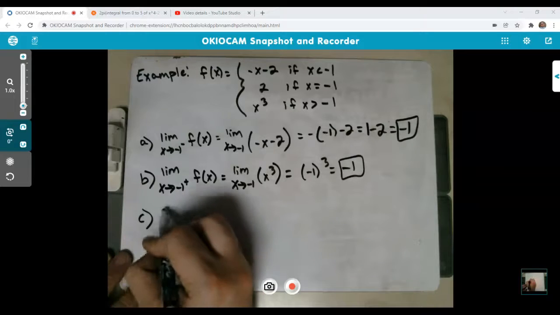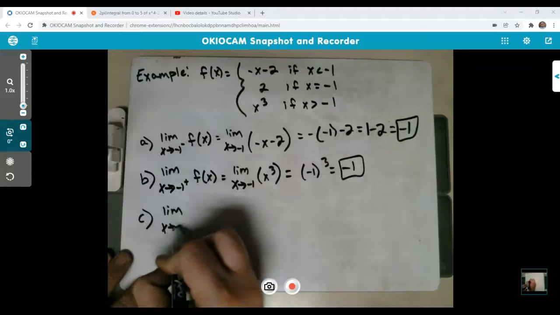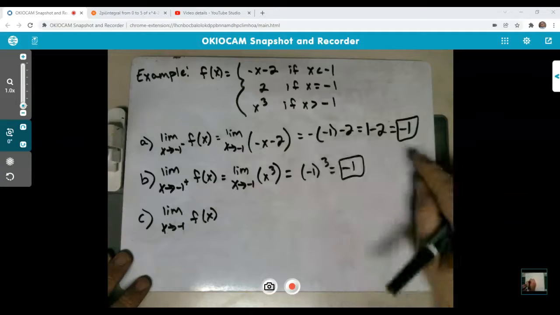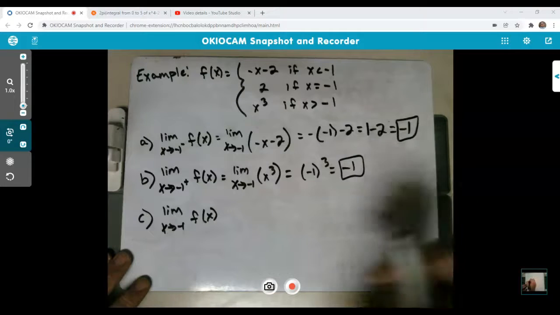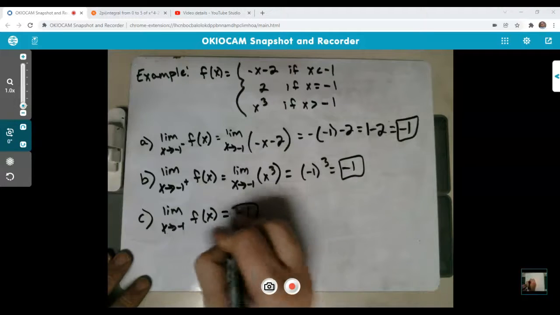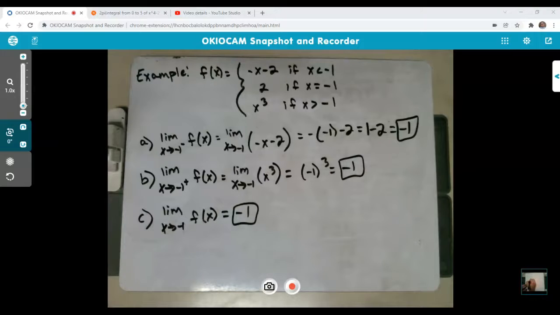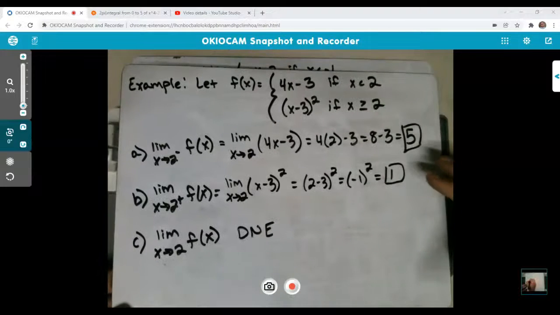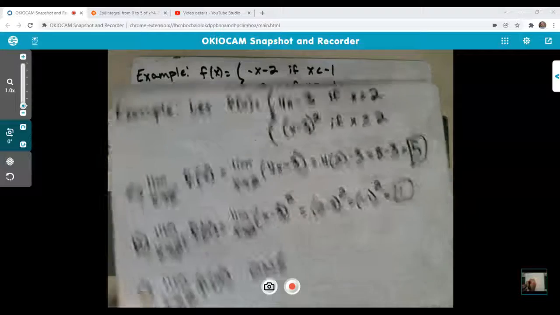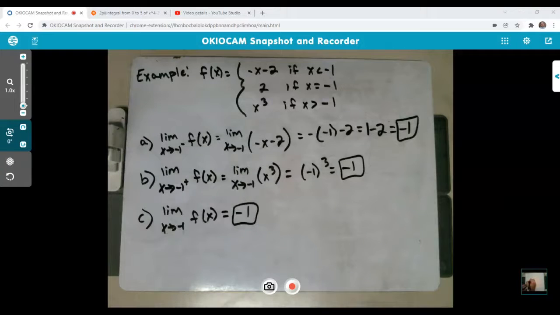So when they ask for what the limit as x approaches negative 1 is, since they are the same, I can tell you that's equal to negative 1. Again, I can only say that because they are the same. Whereas on the last one, they weren't, and so I couldn't do that, right? So on these, just make sure you are going from the side that they want.